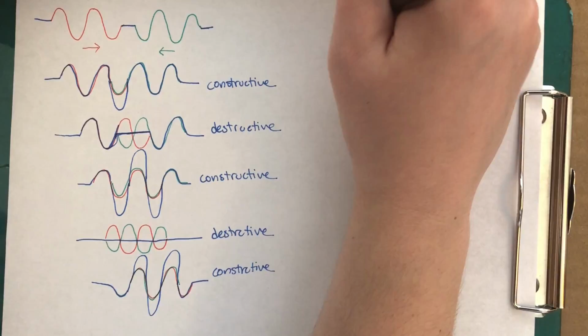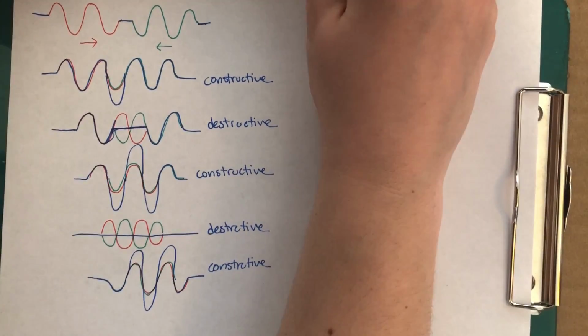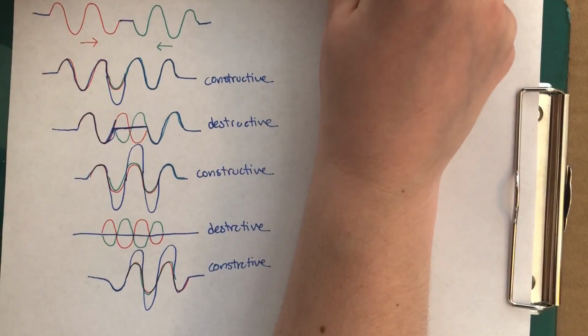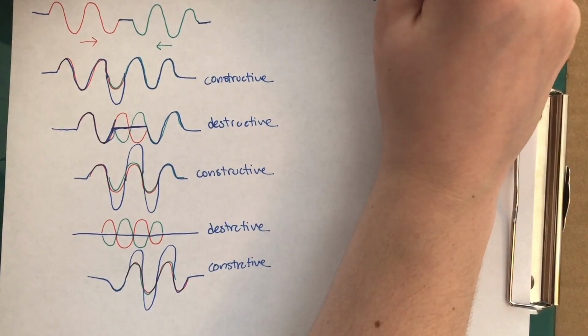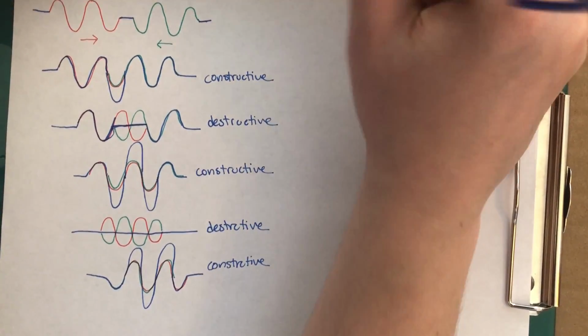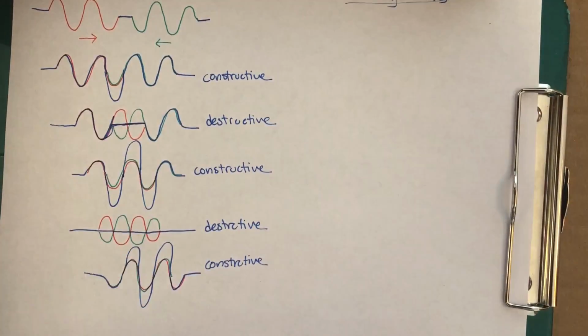And when this happens, we call it a standing wave. A standing wave is basically just made out of waves moving in opposite directions, causing a repeating pattern of constructive and destructive interference.